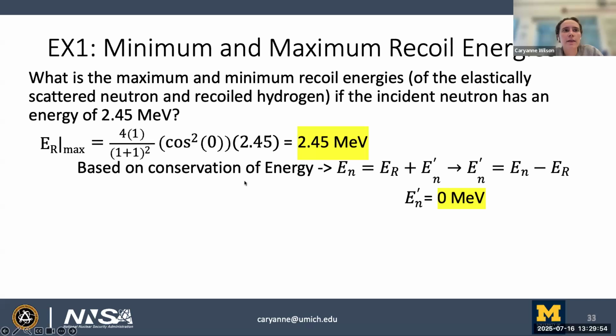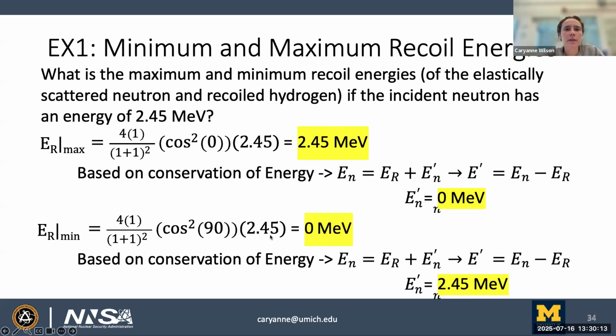It will have the maximum recoil energy at 0 degrees. In this case, the neutron transfers all of its energy to the hydrogen nucleus, so that would be 2.45 MeV. Then you could probably guess that the minimum recoil energy of the hydrogen nucleus would be at 90 degrees, if the neutron just completely bounces off the hydrogen nucleus and backscatters. That would be 0 MeV, and 2.45 MeV would go to the neutron.